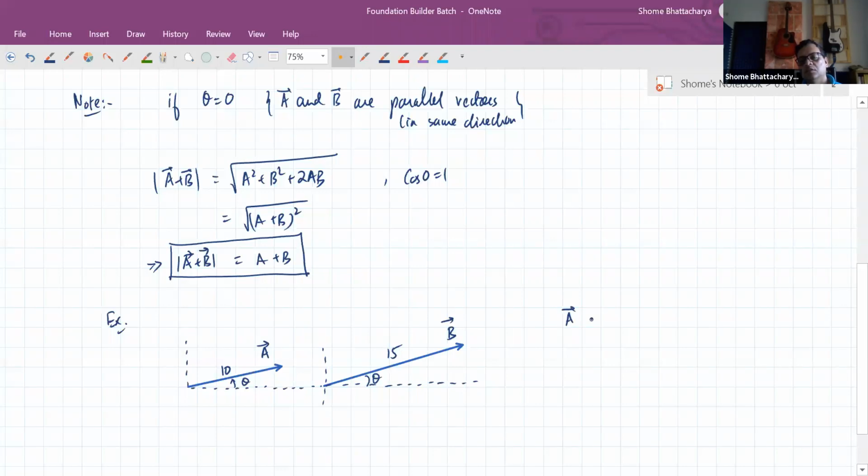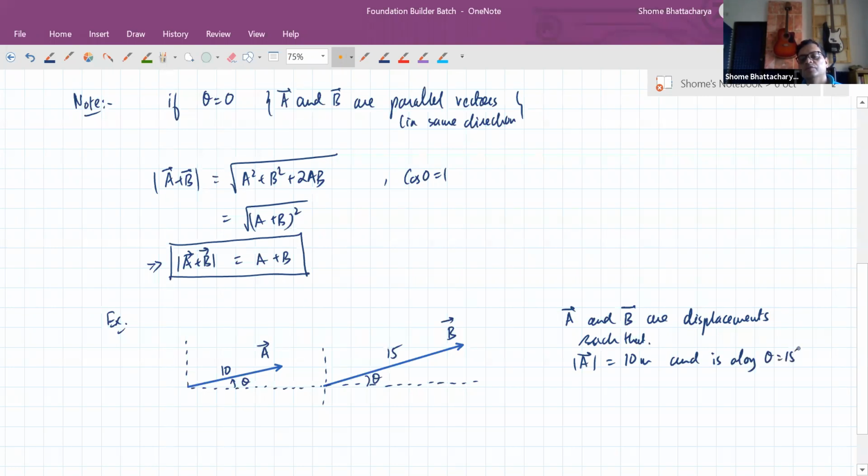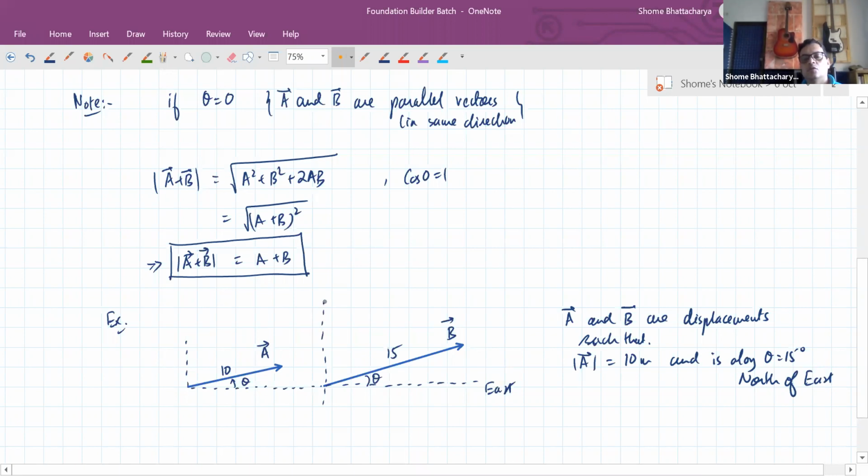Let us say A and B are displacements such that A has a magnitude of 10 meters and is along theta equal to 15 degrees north of east, so from east going towards north by an angle of 15 degrees, and the magnitude of B is 15 meters, but it is also along the same direction.